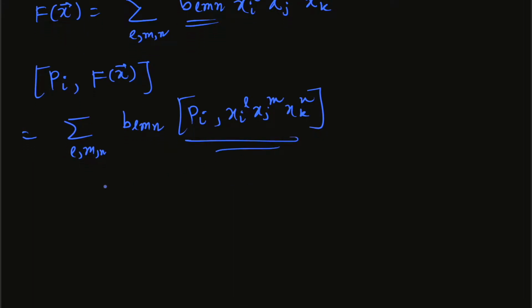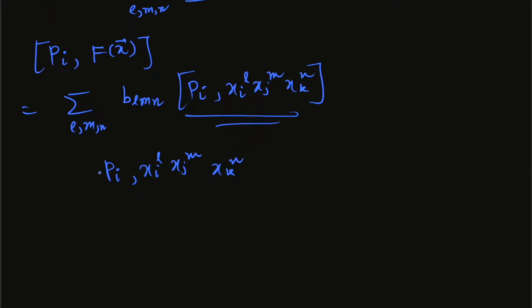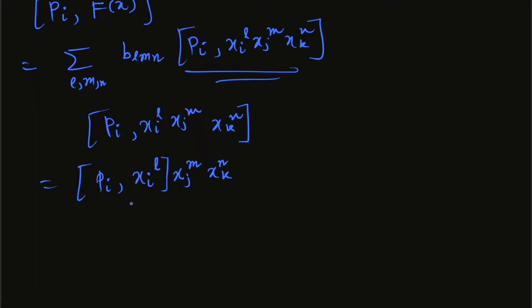Now let us see what this is. [p_i, x_i^l x_j^m x_k^n], as we have done previously, similarly we can write here p_i x_i^l and x_i^l p_i, and this will be nothing but minus iħ ∂/∂x_i of x_i^l, times x_j^m x_k^n.